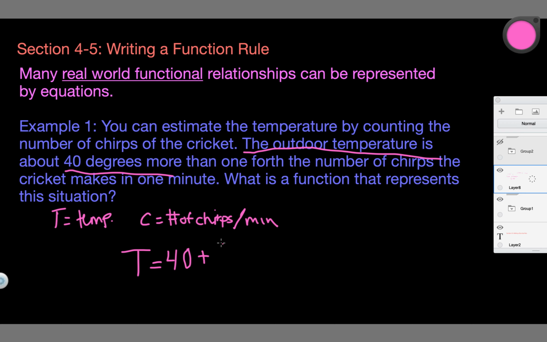So 1/4 of all of those chirps per minute. And right there, that is our equation. That's our function. So it's all about defining our variables and using our situation to write an equation. That's about it.